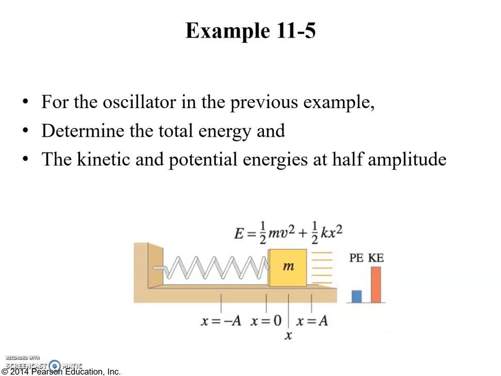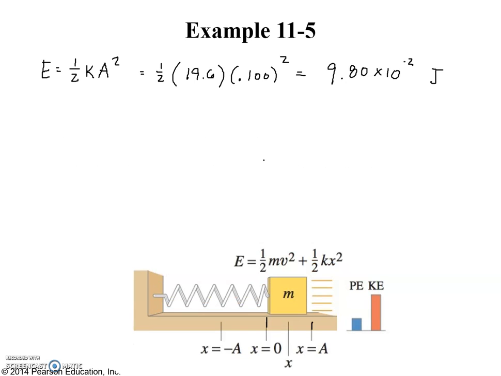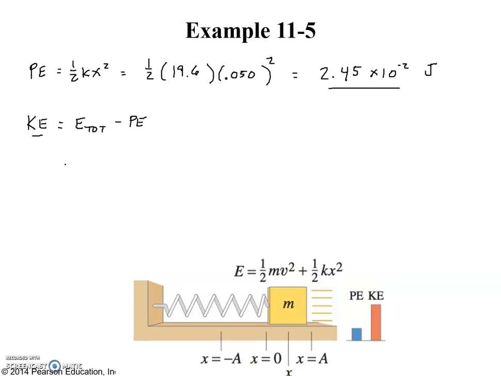If I jump back here, a little too far, total energy of the system is equivalent to the potential energy when the spring was stretched out to its maximum. So that right there is the total amount of energy in our system, 9.80 times 10 to the negative second.